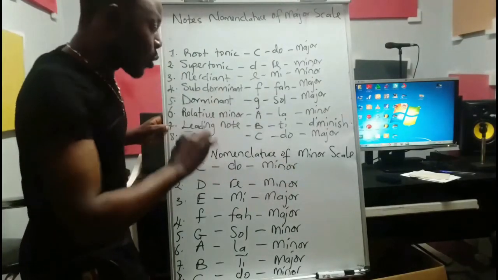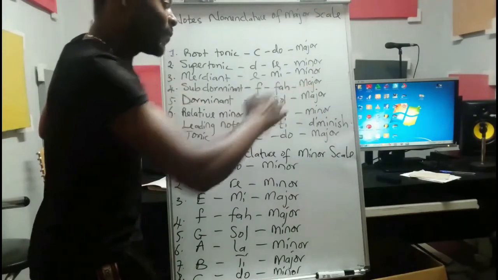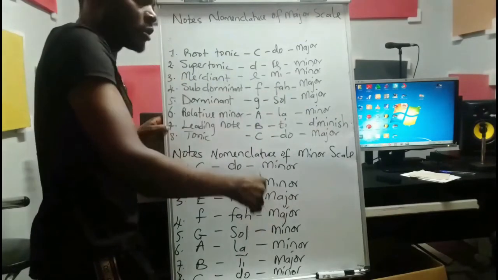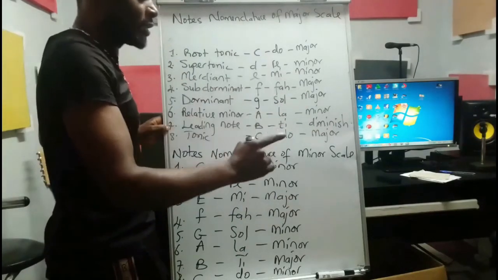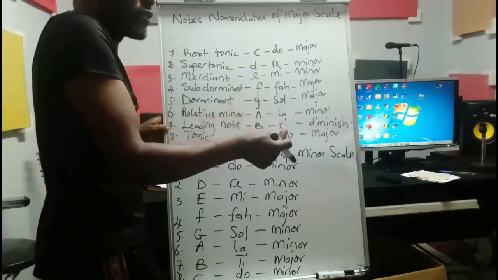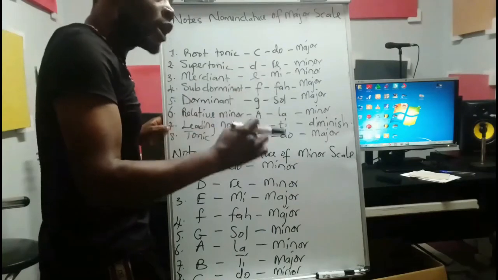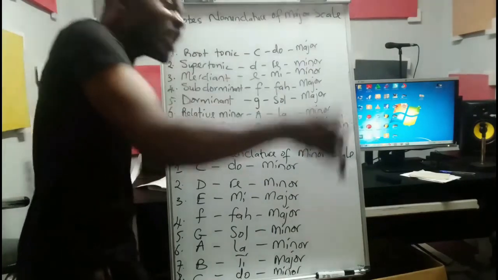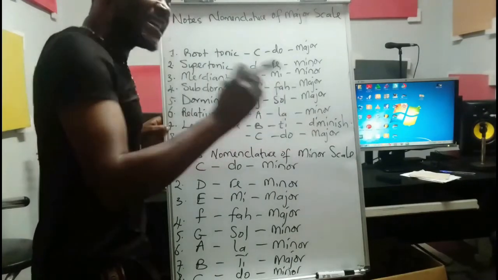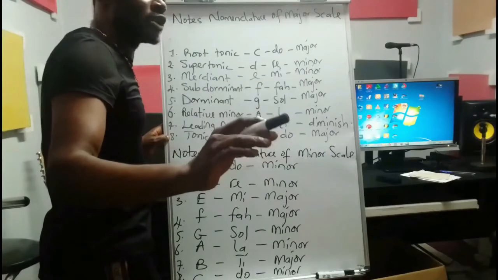In a major key, the seventh is a diminished chord, not a note, but a chord in this case, because that same note, T, can be transformed to a major or a minor or a diminished. But when you are playing a song on the major scale, the seventh is a diminished chord.